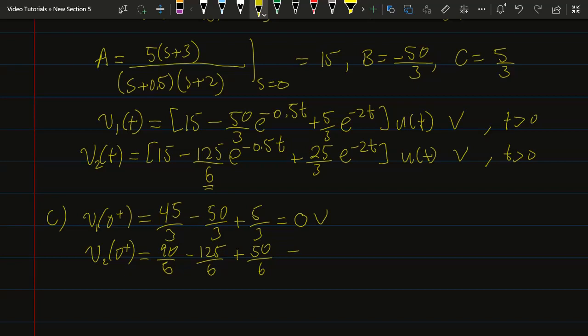Okay. So 90 plus 50 is 140, so this is 140 minus 125 over 6, and this is 15 over 6, which is equal to 2.5 volts.